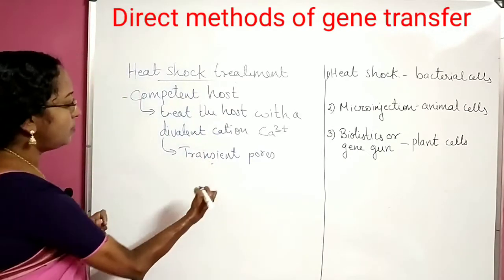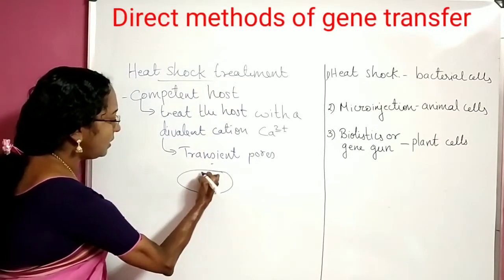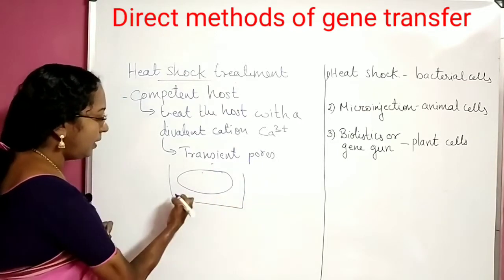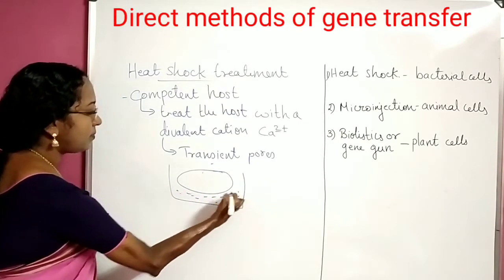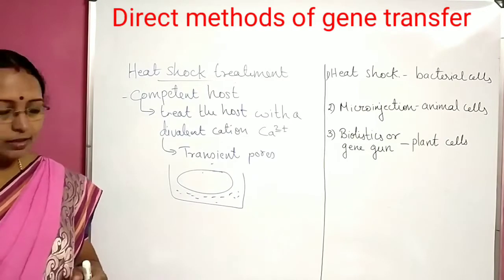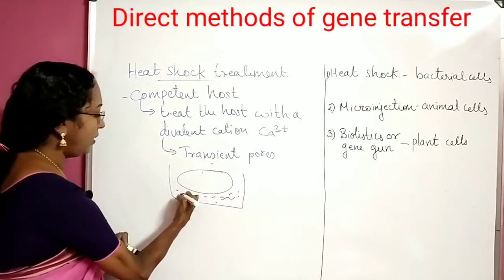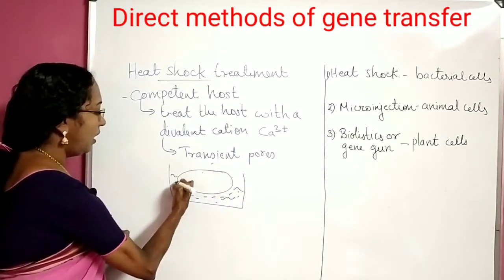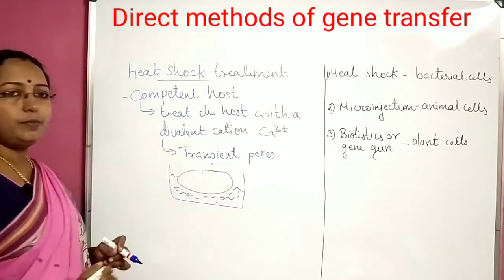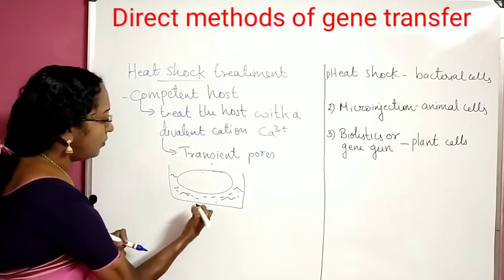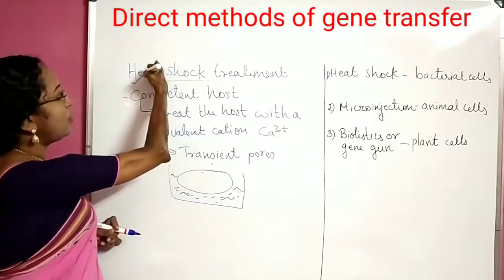So when such a bacterial cell having transient pores is placed in a medium, and this medium has our gene of interest, after treating with calcium ion, we subject it to heat shock treatment.